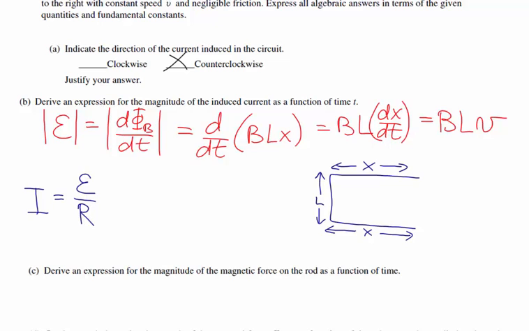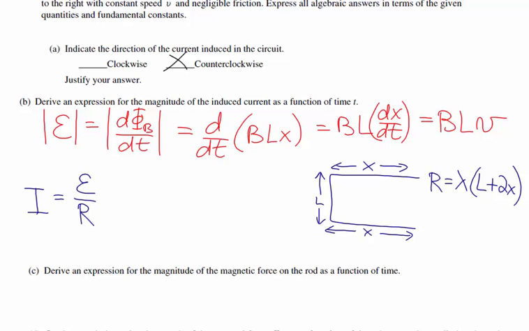And so the length of the nichrome wire that we have is x plus L plus x. And so the total resistance is going to be the resistance per unit length lambda times that total length of L plus 2x. We are interested in how this resistance is changing with time, and so x starts off at 0 when t equals 0.